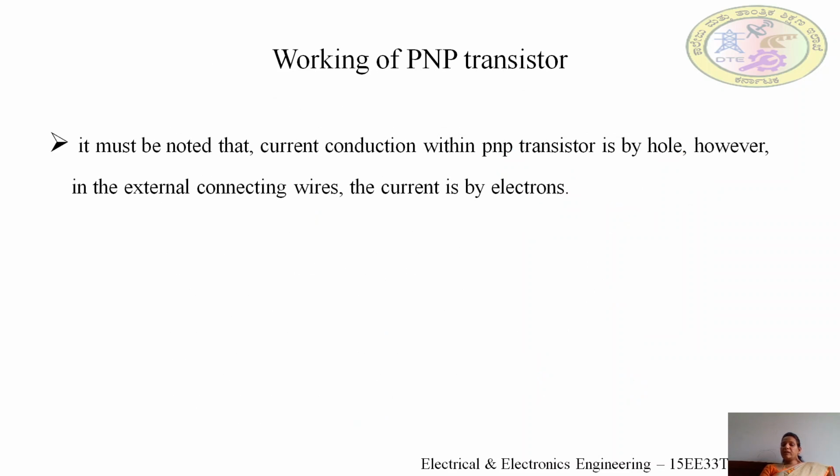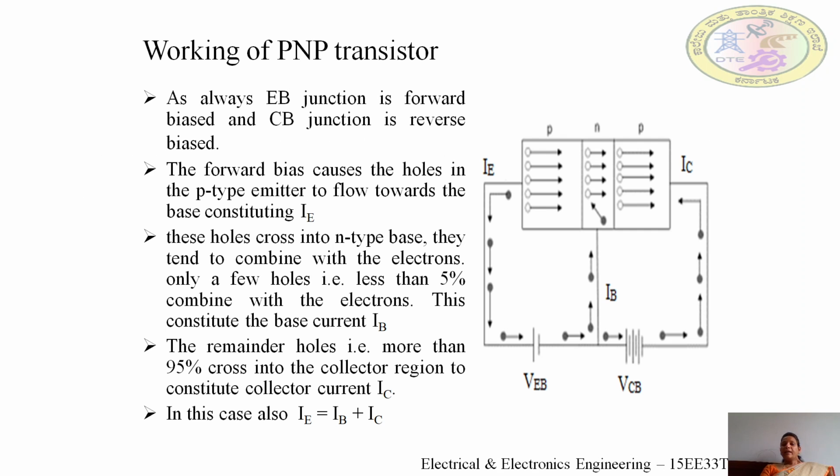A very important point to be noted is that in a PNP transistor, within the transistor, the current conduction is due to holes and electrons. We know that. But in the external wires, the external connections, the current is due to only electrons.